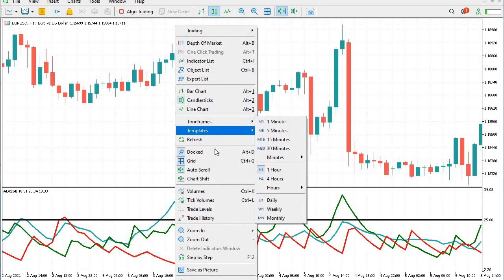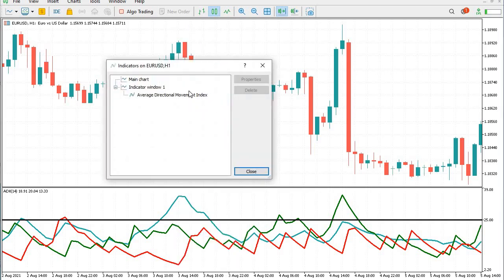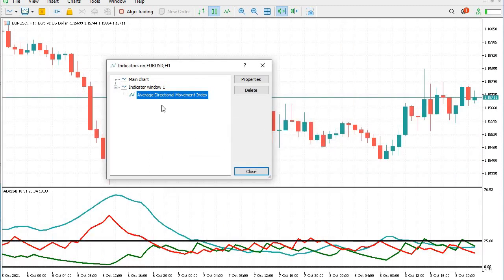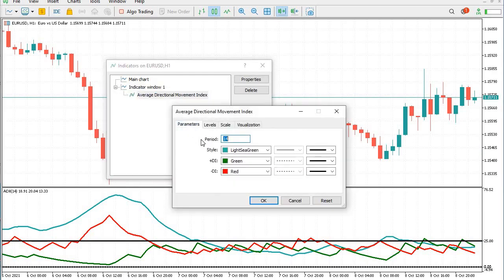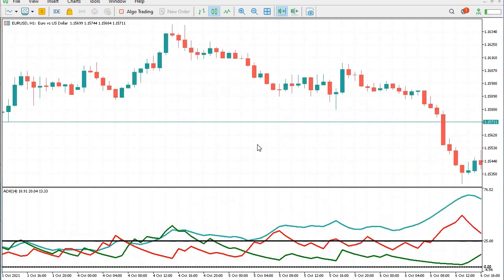Feel free to change these things, they are yours, they are on your computer or your phone, so feel free to change these levels. You can put 10. Actually, you must just put what works for you. The best thing is to back test, put them, check how they work. Remember, we have this period here which you can change, and then do a back test to check which one works best for you.